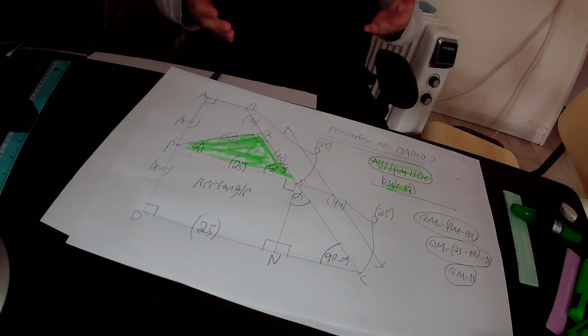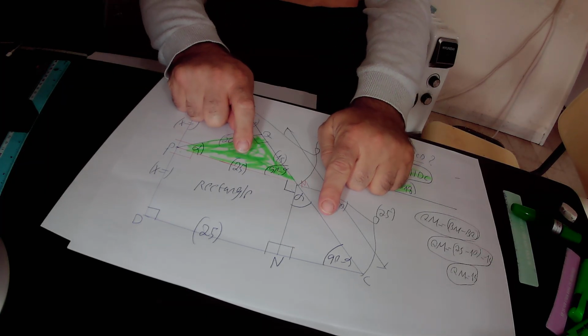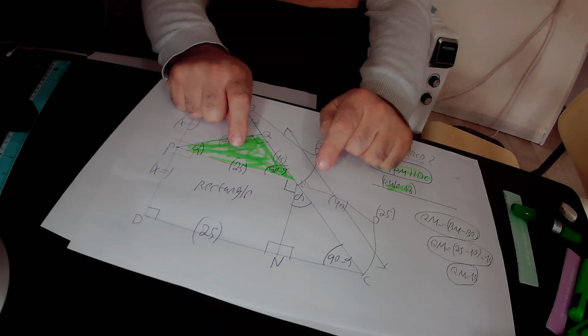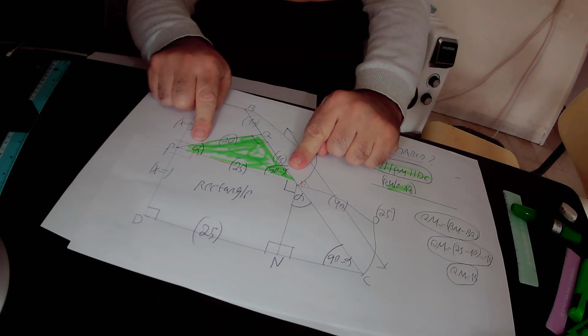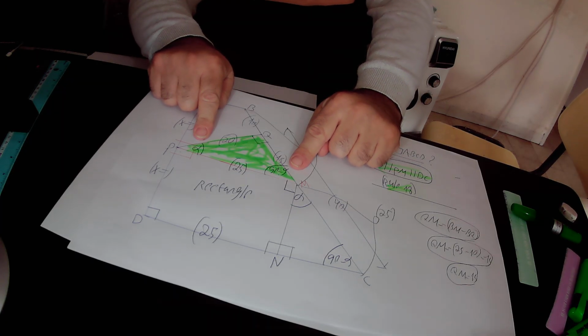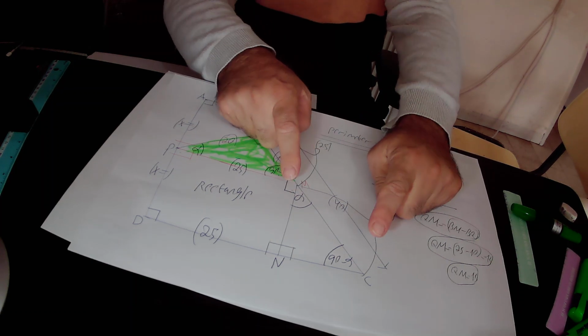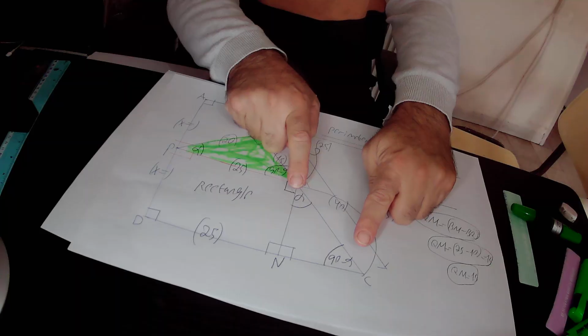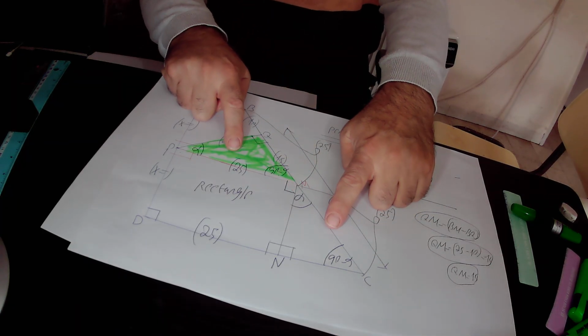So in total, we prove that those two right triangles can go into each other according to the angle-side-angle rule. That is to say, we prove that those two angles and the side included between those two angles, that is side PM in this green right triangle QPM, are correspondingly equal to those two angles and the side included between those two angles, that is side MC in this right triangle MNC. And therefore, those two right triangles can go into each other according to the angle-side-angle rule.